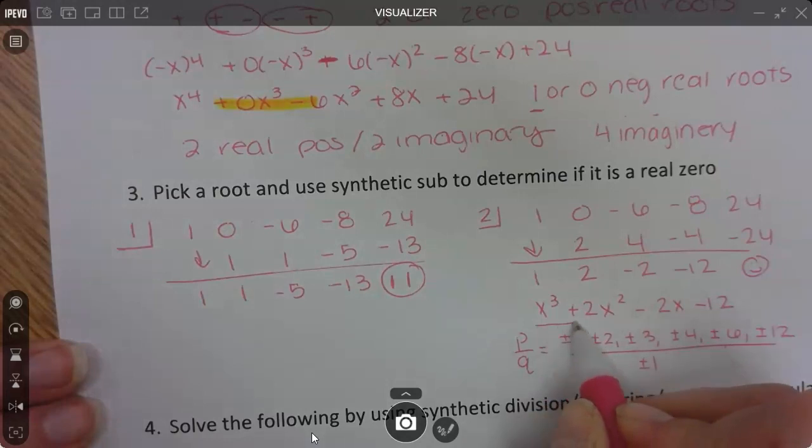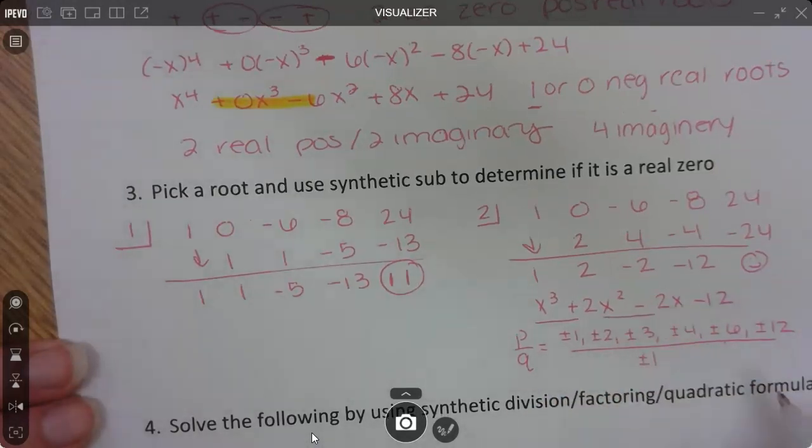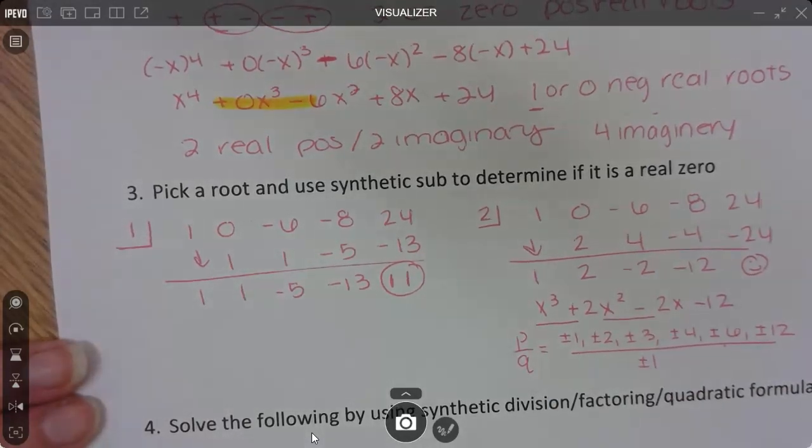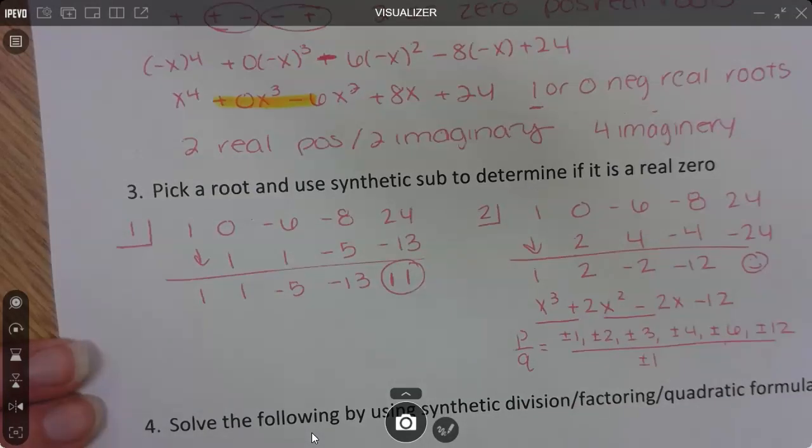And again, looking here, we have 1, 2 sign changes. So that means that this still has the potential to have 2 real positive roots. And if you plugged in a negative, same thing, you would have 1 negative change. So that means you could have 1 negative.